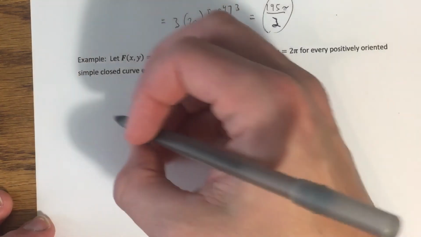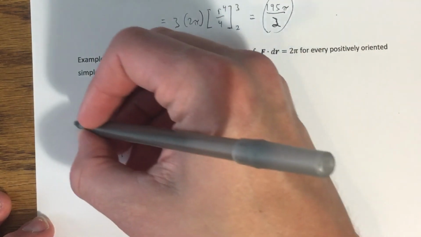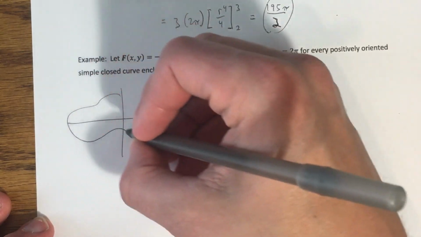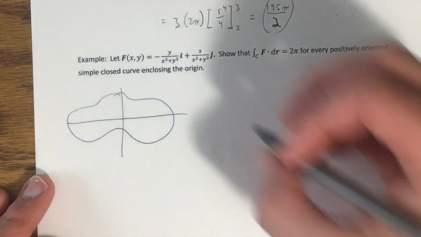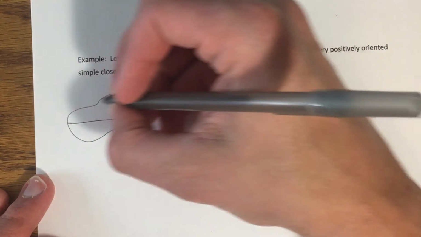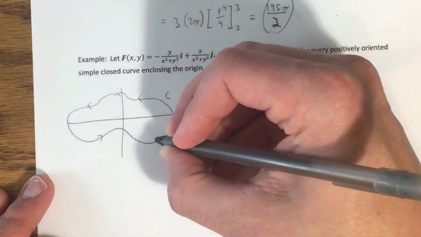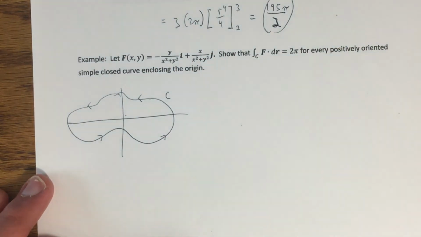So in order to show that, we want to start by letting C be some arbitrary simple closed curve that's positively oriented and encloses the origin like this. Okay.